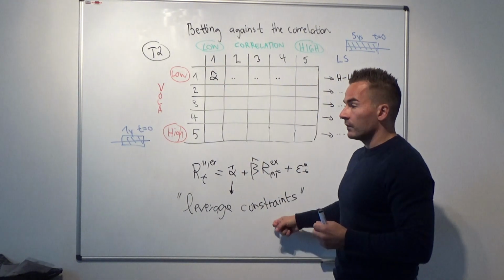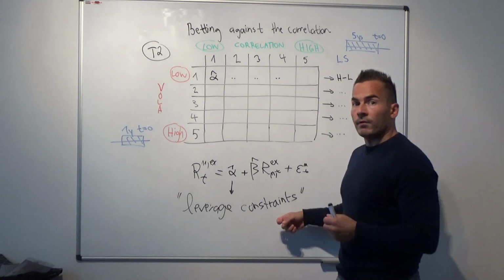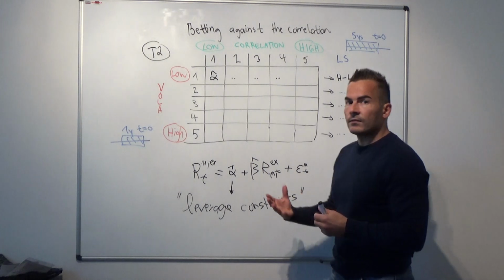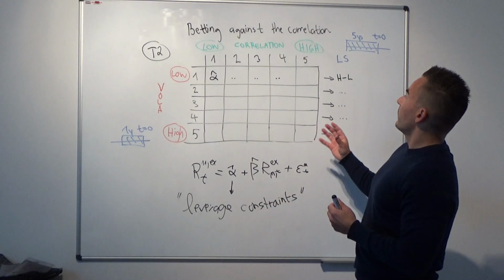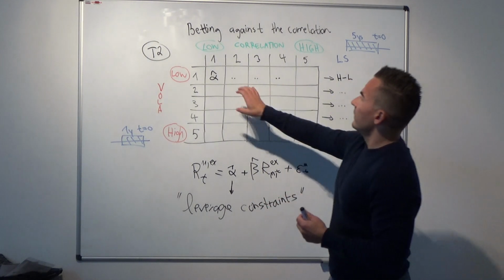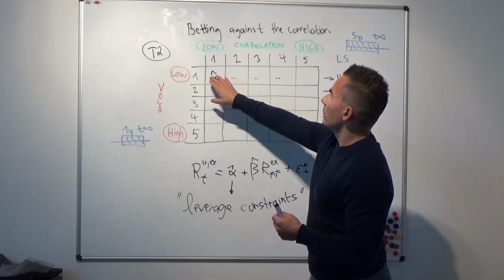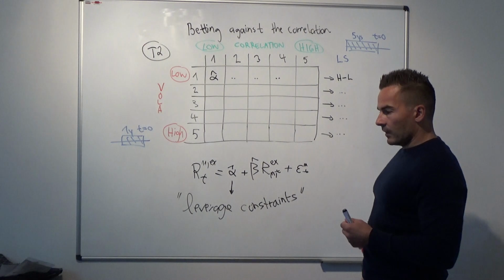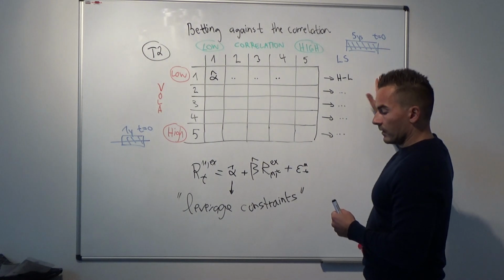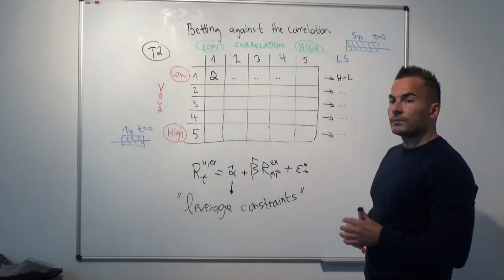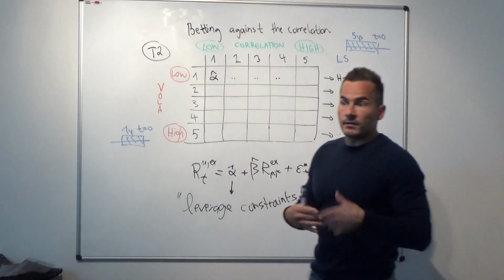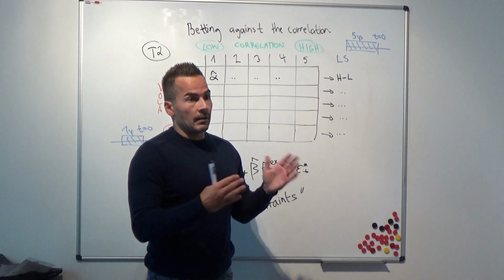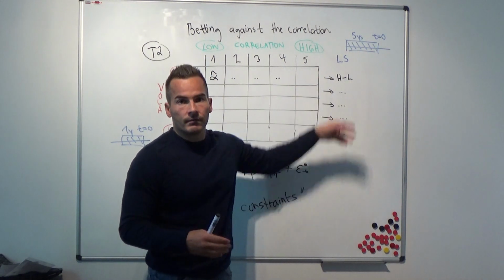But if you want to test this theory of leverage constraints, if this is the economic driver behind these patterns, what you would need to do is test a portfolio that is long on low correlation stocks and short on high correlation stocks, yeah? And the payoffs on the right hand side of the table would then be negative times negative, which is positive, yeah?